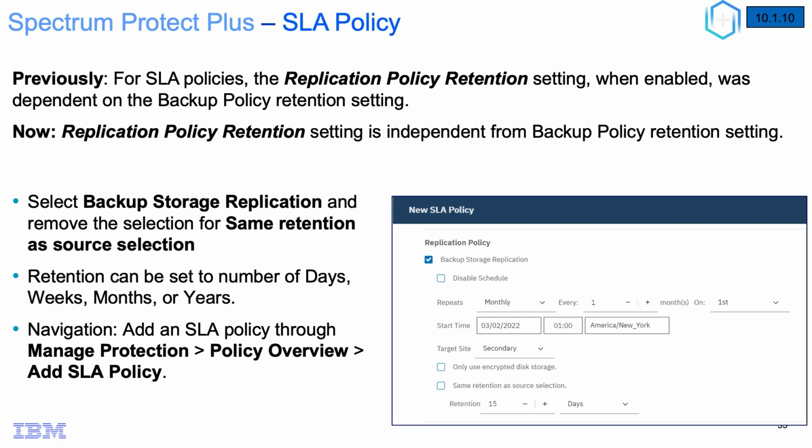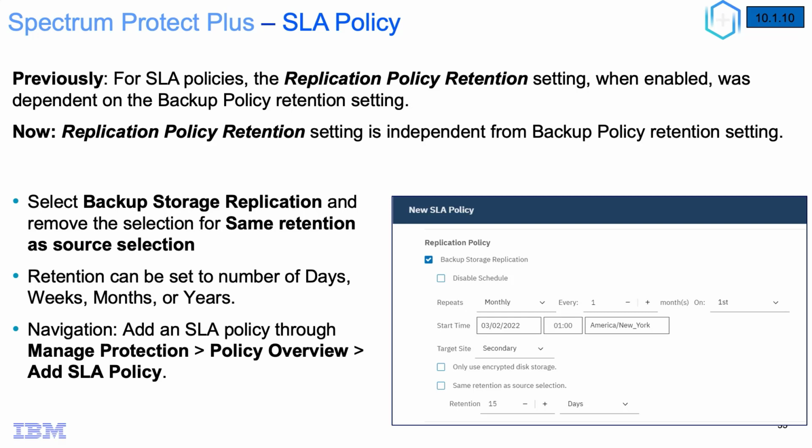Now, there's been some change in the replication policy retention for SLA. In previous versions of the product, 10.1.9 and earlier, the replication policy retention setting was dependent on the backup policy retention setting. And beginning in version 10.1.10, the replication policy retention setting is now totally independent from the backup policy retention setting.